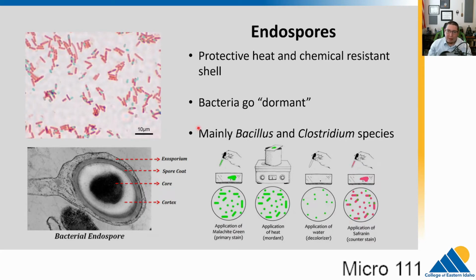Okay, we've talked about this last piece a little bit before, but I want to talk about a structure that some bacteria can make called an endospore. This is a protective coating. It protects bacteria from heat and chemicals. It's like a resistant shell. And when the bacteria form this, they kind of go dormant, and these spores can survive for a long time.